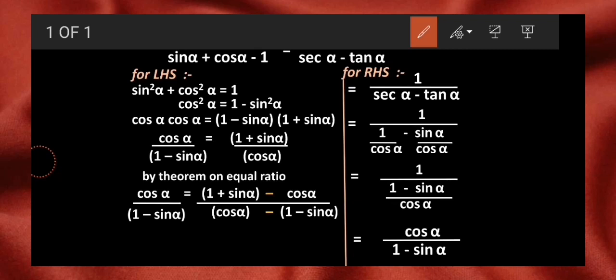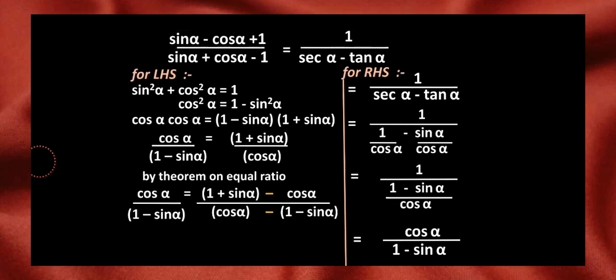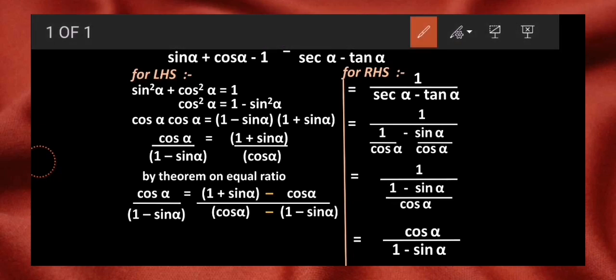Okay, and once we have written, after that, if you observe in the denominator, outside the bracket minus sign is there, so all the sign inside the bracket will be turned. Okay, that one will go, one will get negative sign, and minus sine alpha will get positive sign, and I think everybody knows this, correct?